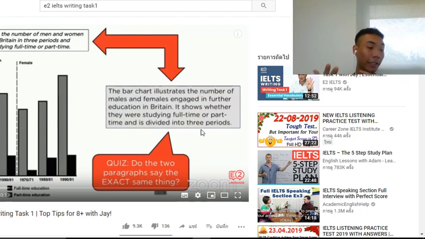And the second thing you need to do is mark the key feature, the overview. It is totally obvious that the number of full-time education is significantly less than part-time education. Also in male or female, it's not much difference, but there are some things like male have some exponential growth, while female just fluctuate, right?